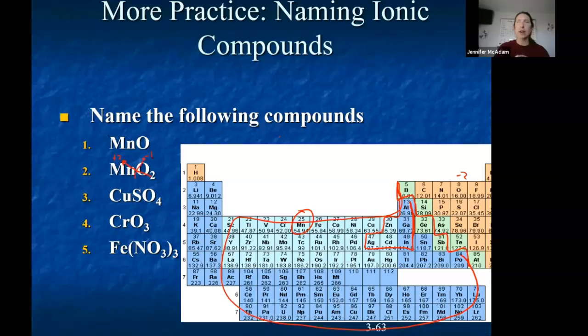And then we have to think to ourselves, is oxygen -1? No, oxygen is -2. So this must have been simplified. So this must be a +4, and this is a -2. And so this is manganese 4 oxide.